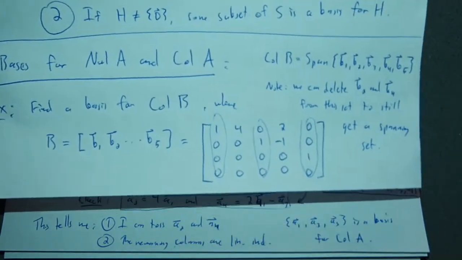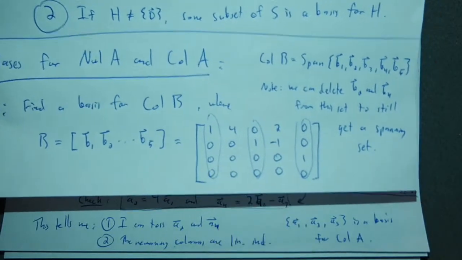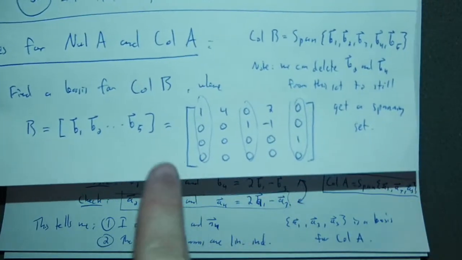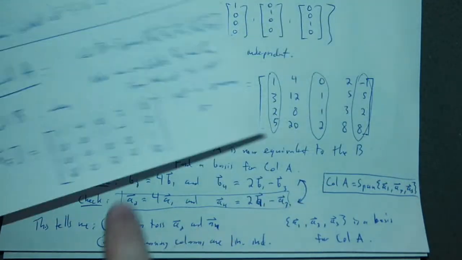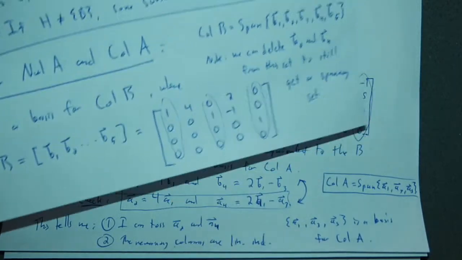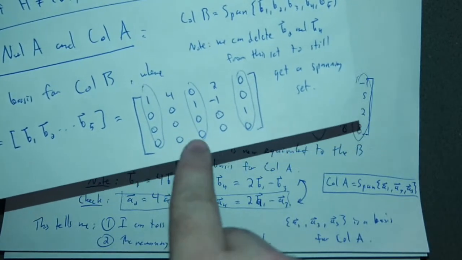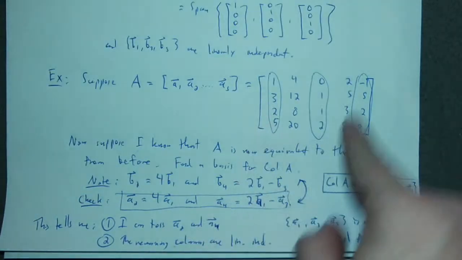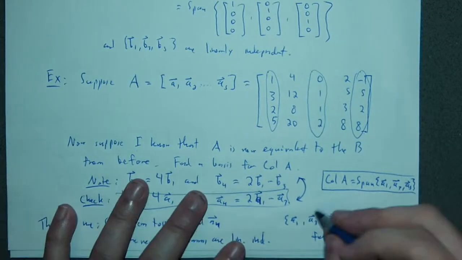Here's B. In B, what columns am I looking for? I'm looking for the pivot columns. These pivot columns are easily identifiable in its reduced row echelon form. The pivot columns, not as they show up in the reduced row echelon form, but as they show up in A, form my basis. This is the very important fact.